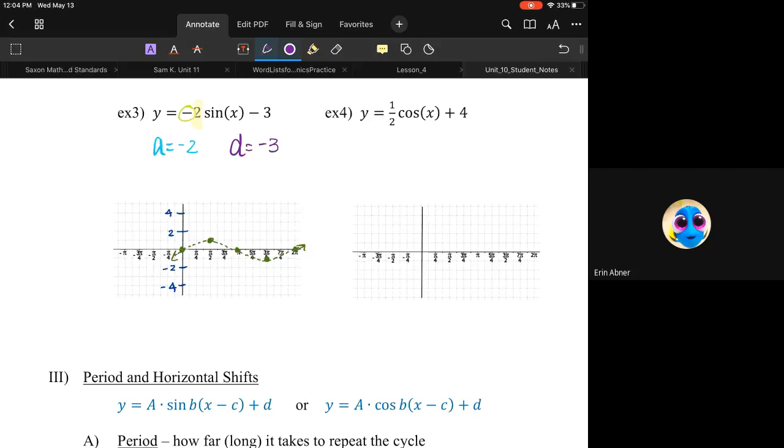Since I have my A at negative 2 and my D at negative 3, I'm going to do my line where I shift everything down. So I'm going to start with my moving down first. So my new 0 is going to be down here at negative 3.